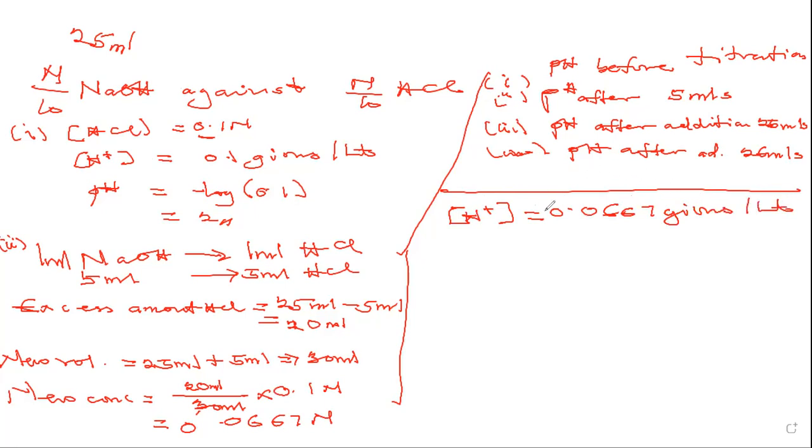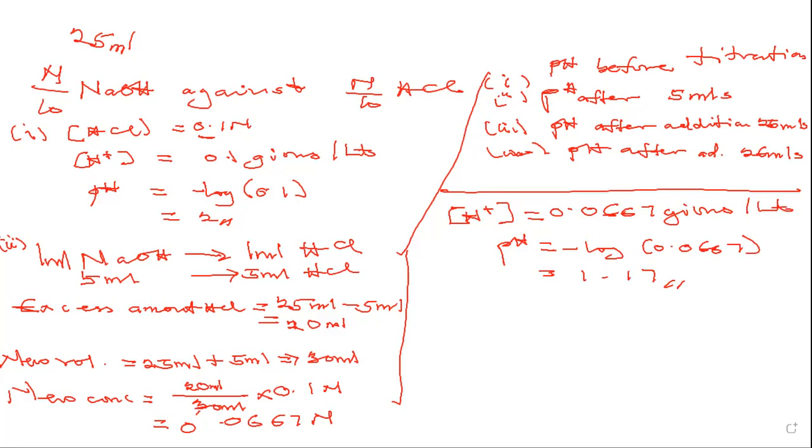And once I have this, I can go ahead and find my pH. My pH will basically be equal to negative log of 0.0667. When I punch this on my calculator, I'm going to get 1.17 as my pH.